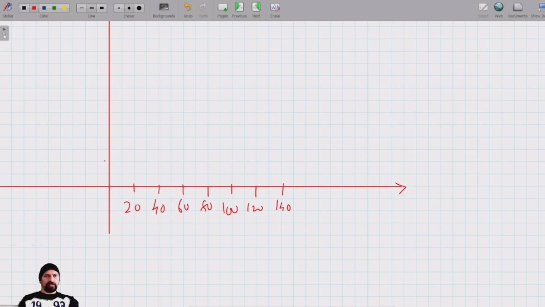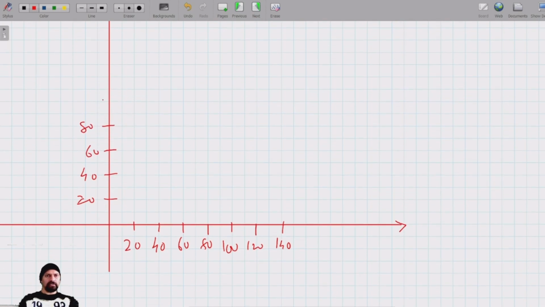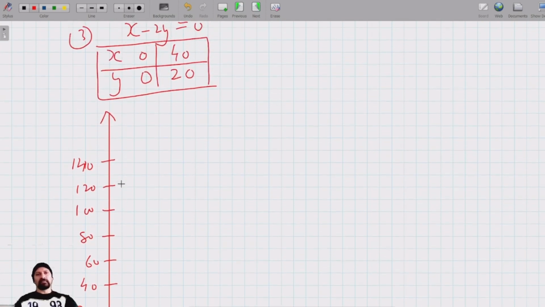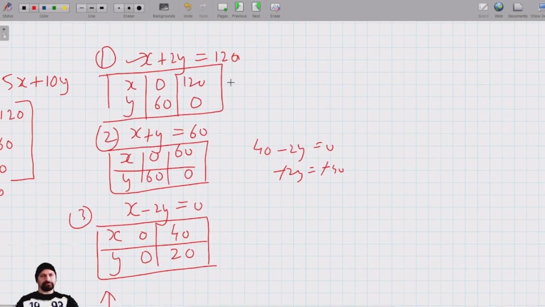Similarly on the y-axis, it's 20, 40, 60, 80, 100, 120, and 140.